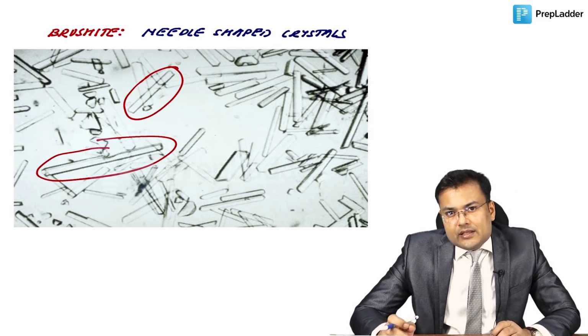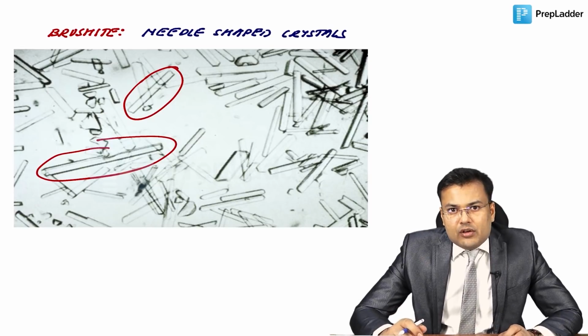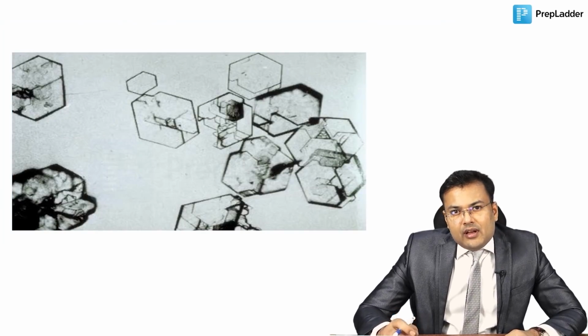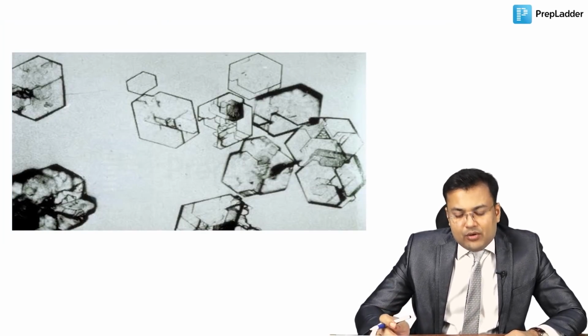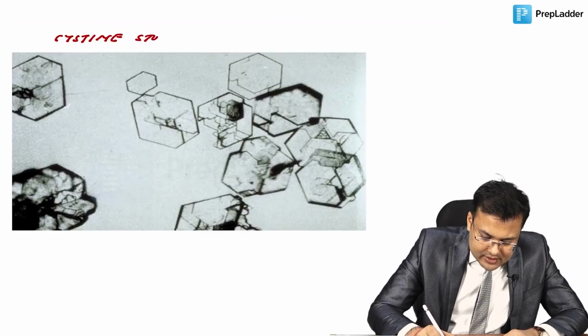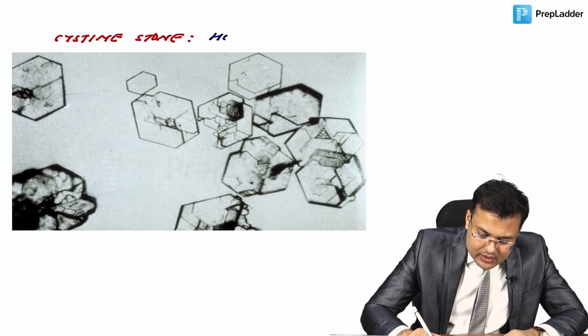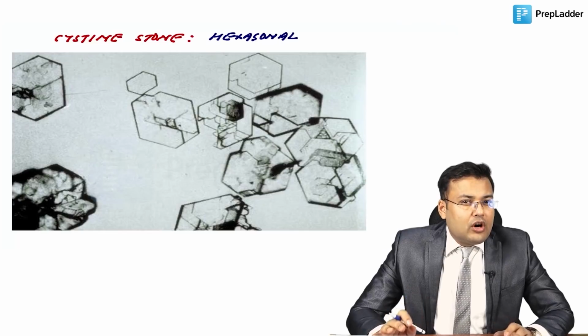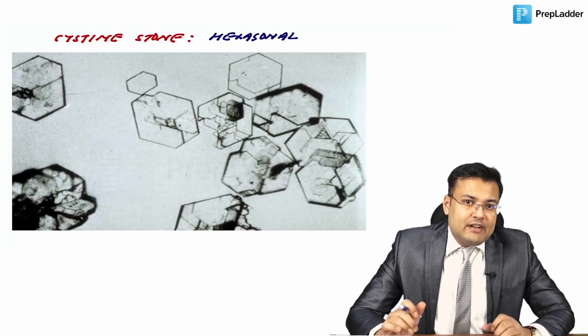And in cystine stones, as we discussed, hexagonal or benzene shaped crystals are seen. So here you can see benzene shaped or hexagonal crystals, and these are seen in cystine stones. All these are very important, frequently asked in exams.